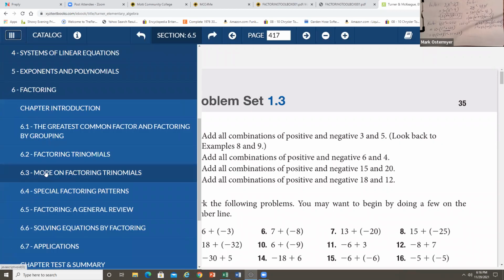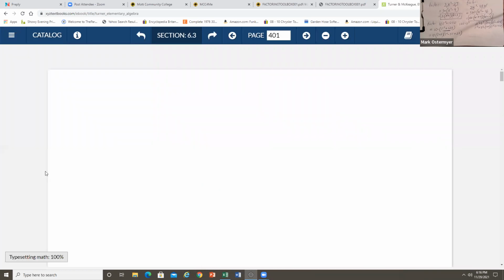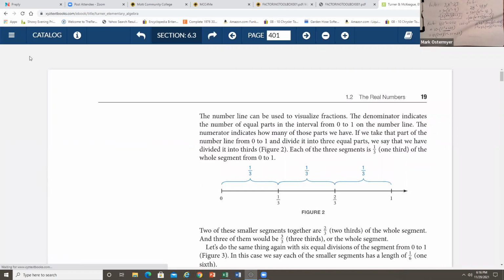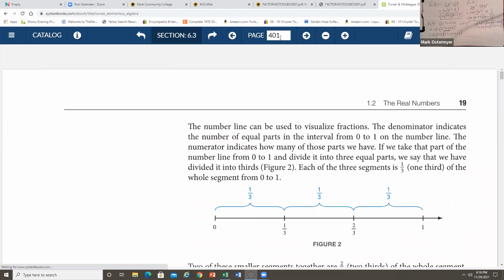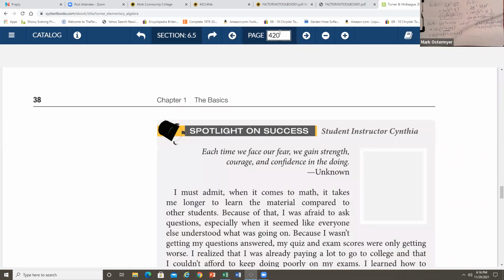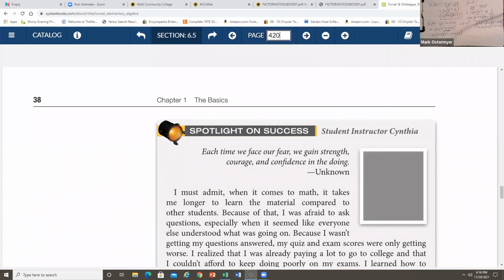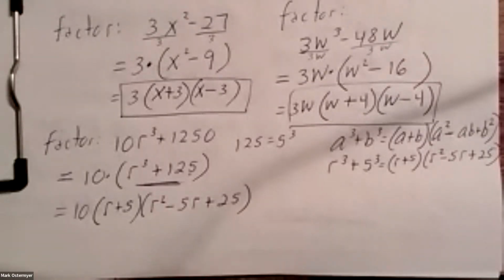It's doing this silly thing again. Well, let me see if I can go to page 420. Wait a minute. Yeah, page 420. All right, so that's not working. Okay, I'll tell you what. Let's do this.